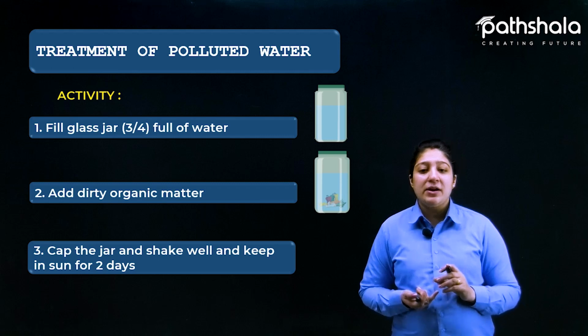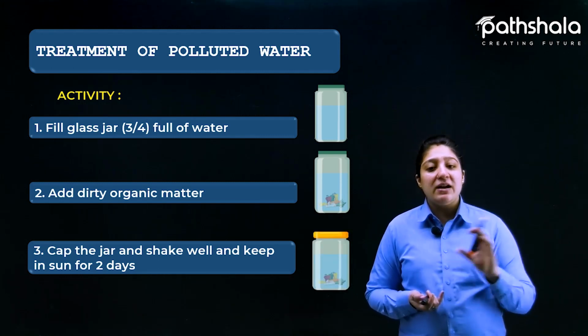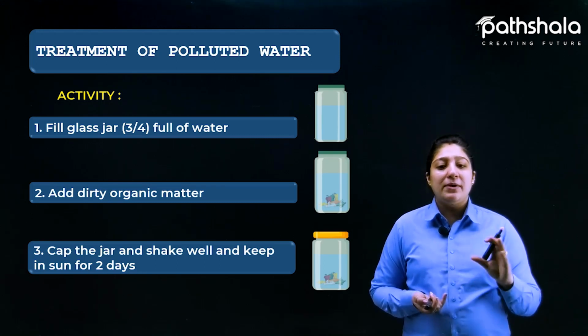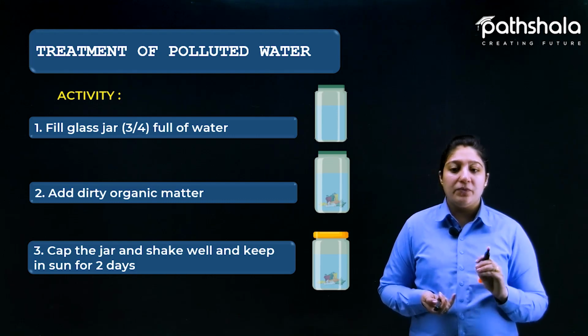And after that, what you need to do is cap the jar properly, shake well and keep it in the sun for 2 days, so that there will be a proper mixing of the dirty organic matter into the water, right?